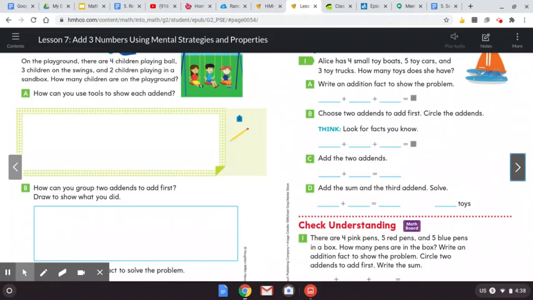How many children are on the playground? How can you use tools to show each add-in? If you have cubes, you can use the cubes. You can use the counters that you have. You can use pennies and nickels to help you with adding. So let's go ahead and first, I want you to set up the equation.